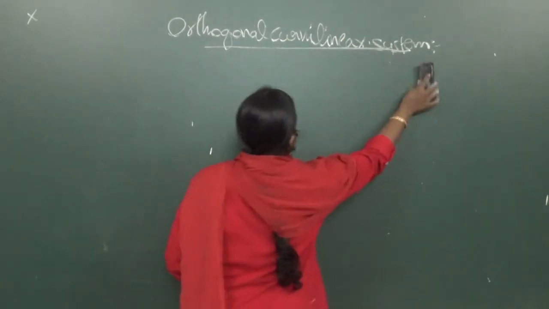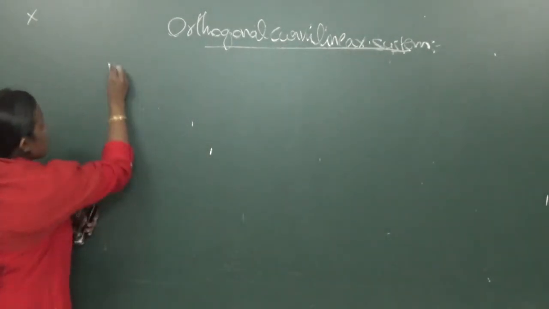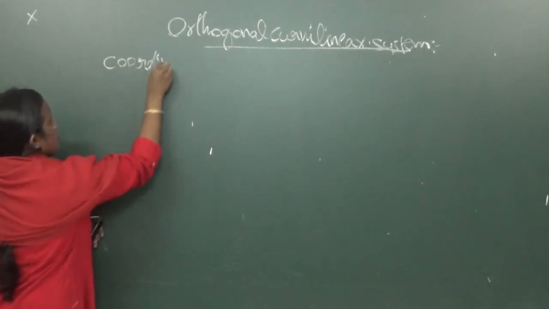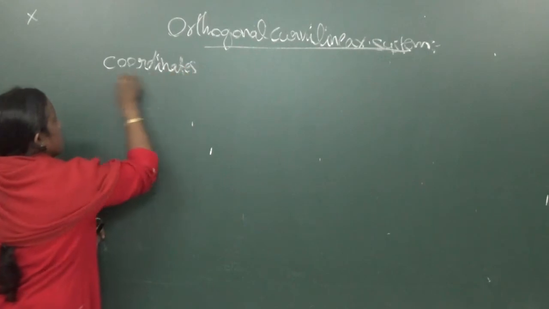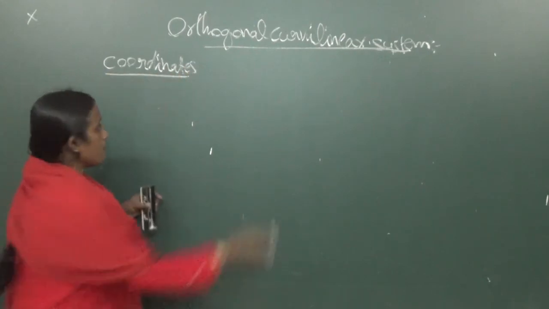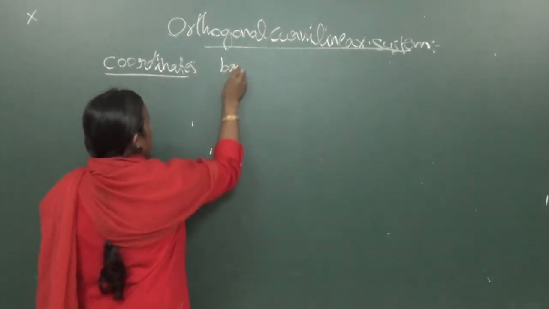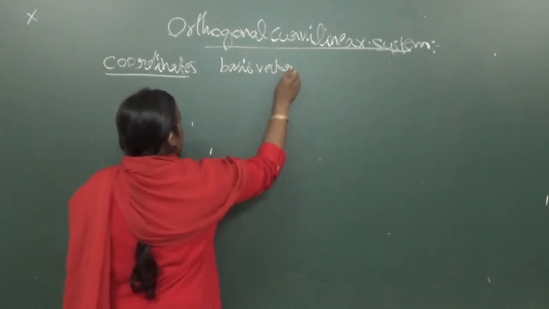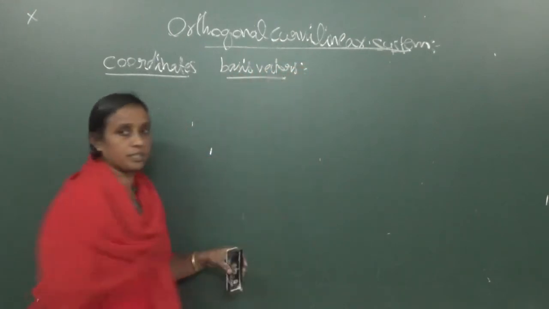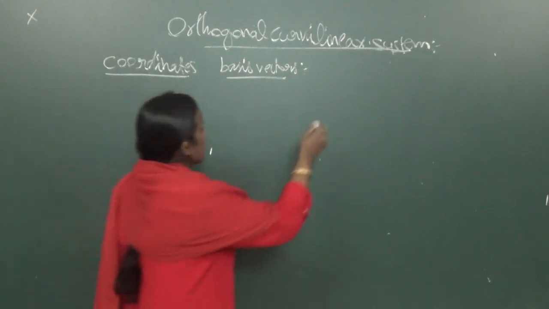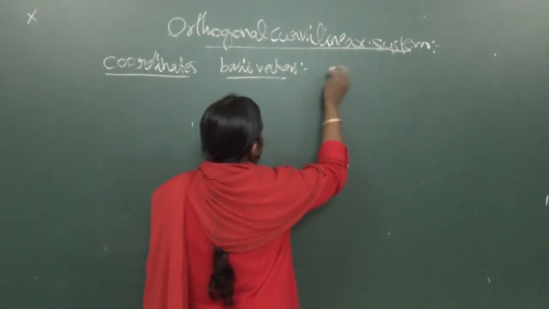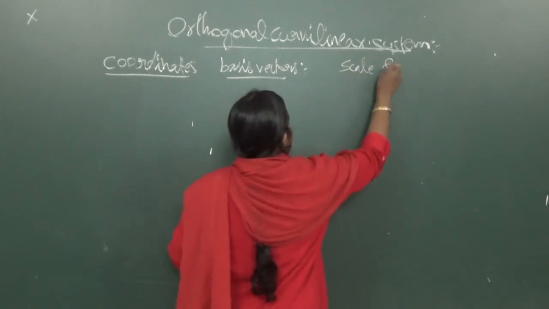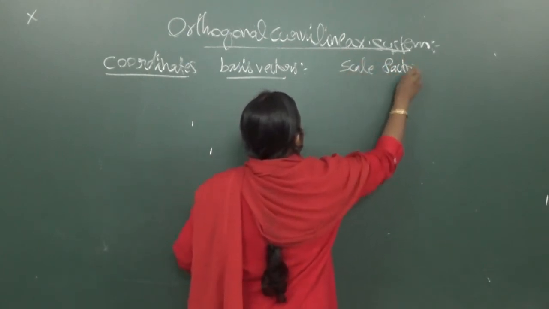I can organize this in another way: coordinates, basis vectors or unit vectors, then scale factors.